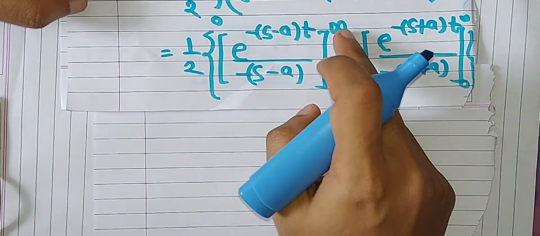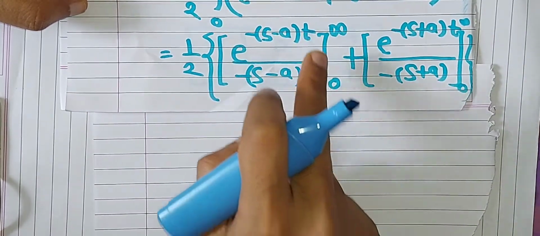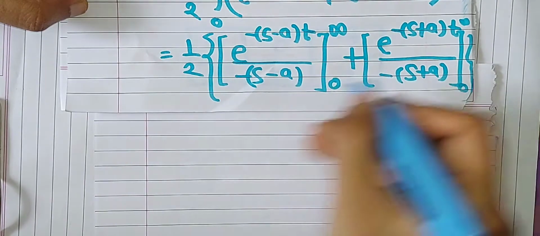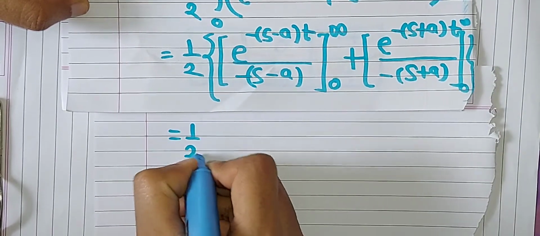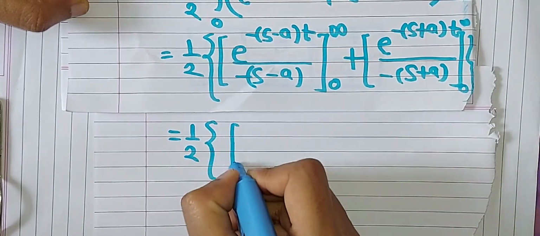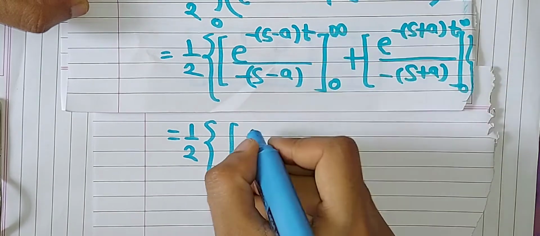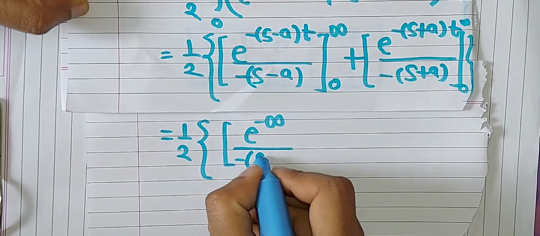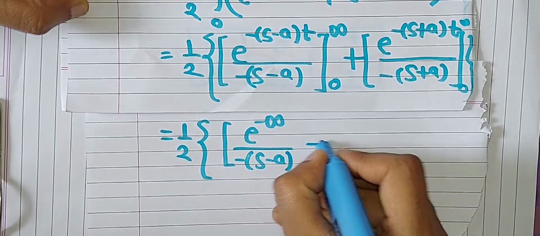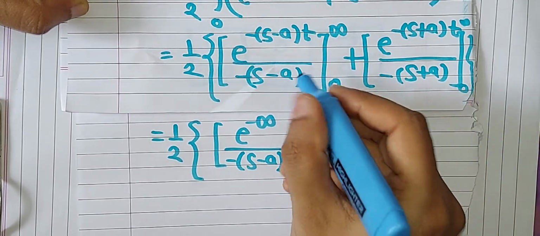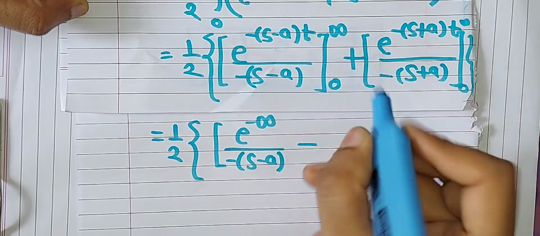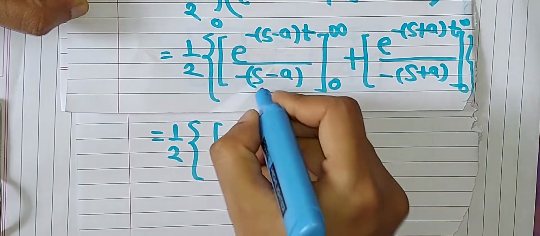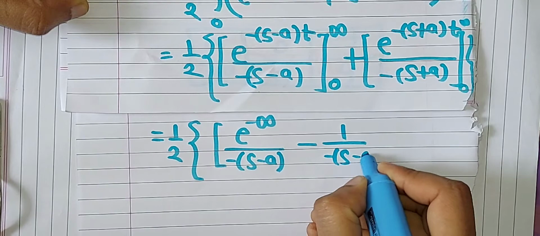Now put the upper limit in place of t, and similarly the lower limit in place of t. Therefore this becomes 1 by 2 into the curly bracket; the first term: put infinity in place of t, that is e raised to minus infinity, divided by minus (s minus a). The middle term is minus; similarly put 0 in place of t, e raised to 0 is 1, divided by minus (s minus a).